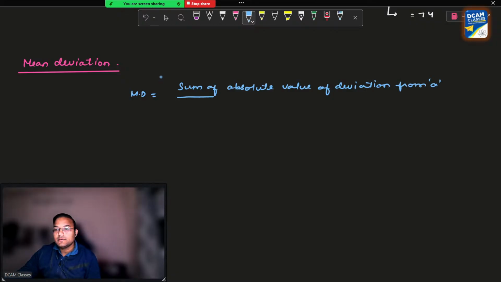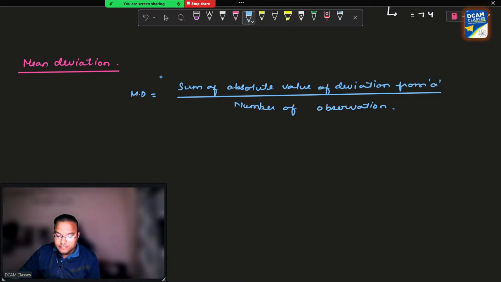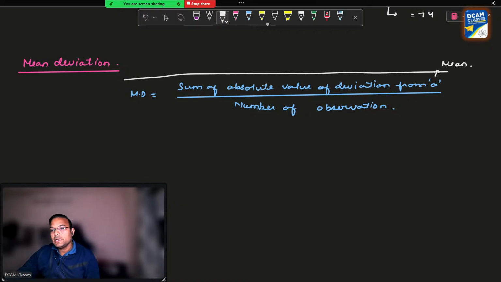A is the mean. Okay, this is the formula. Now, how do we calculate it?